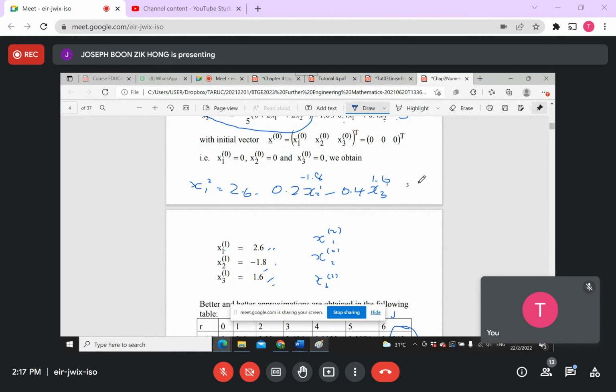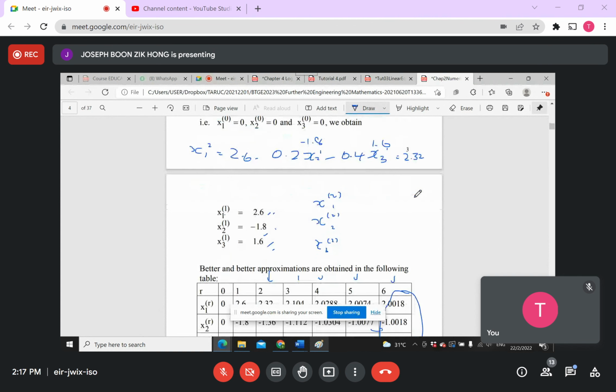So I get 2.6 minus 0.2 times negative 1.8 minus 0.4 times 1.6. So I get the answer as 2.32. This is how they get the answer of 2.32 here.